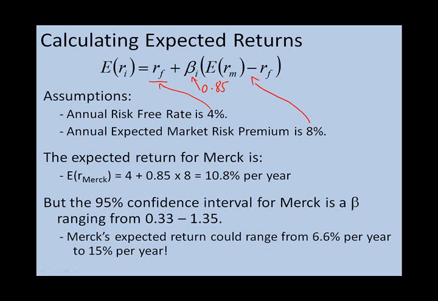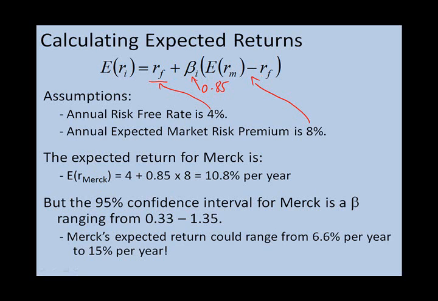With all these numbers, we can now calculate the expected return for Merck. And that's going to be equal to the risk-free rate plus beta times the expected market risk premium, which gives us about 10.8% per year. So if Merck was thinking about making an investment in a project, the discount rate they would use that reflects the riskiness of that project is likely to be around 10.8% per year.